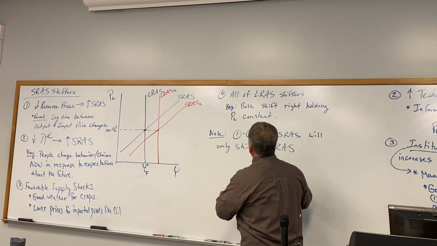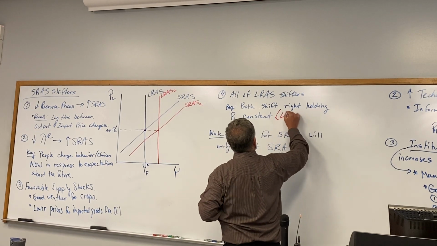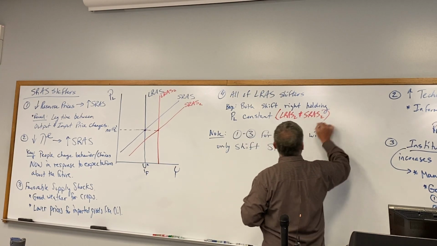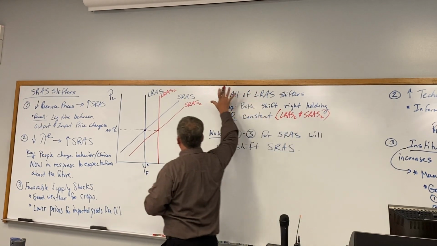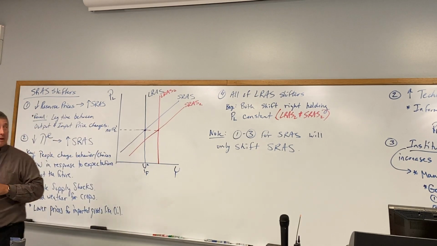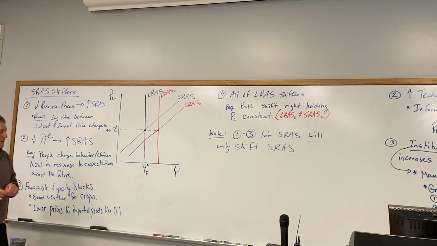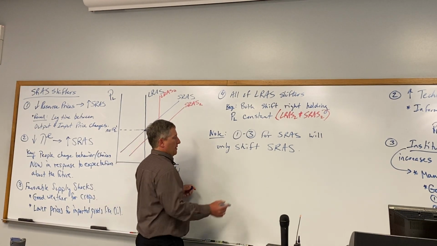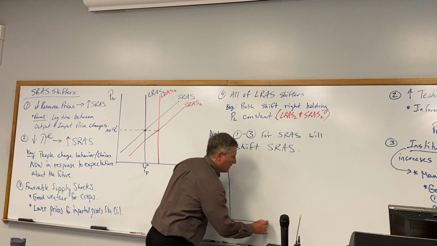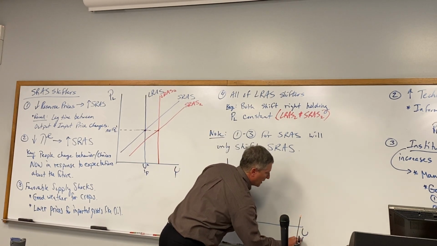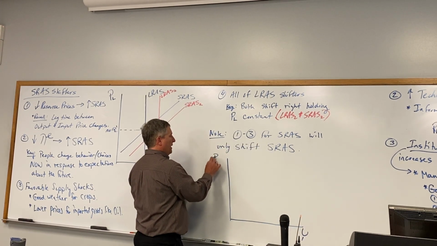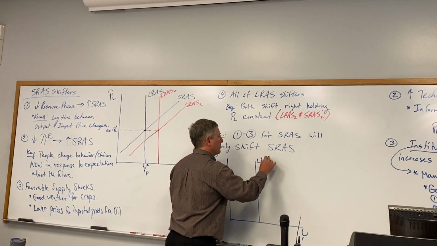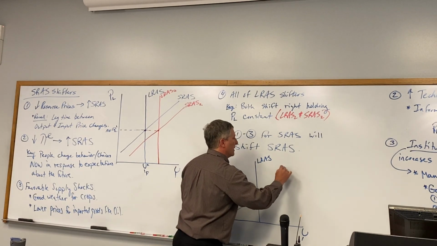Here we can put parentheses LRAS2 and SRAS2. So that's the red ones, the way I drew if that shifts. Well, let's draw a new one just to be clear, hopefully, with long run aggregate supply and short run aggregate supply.